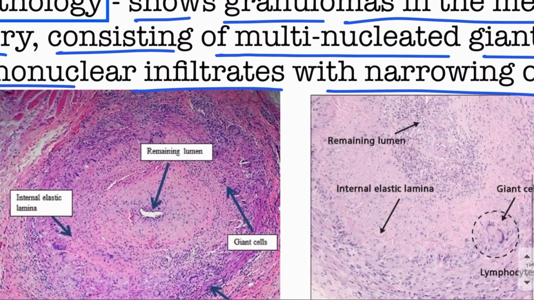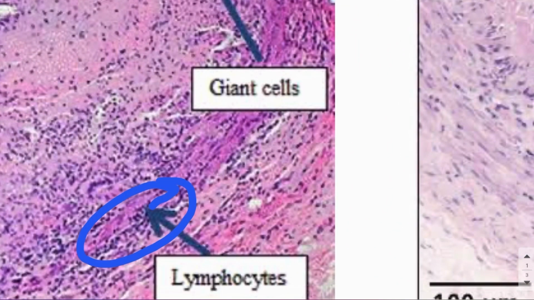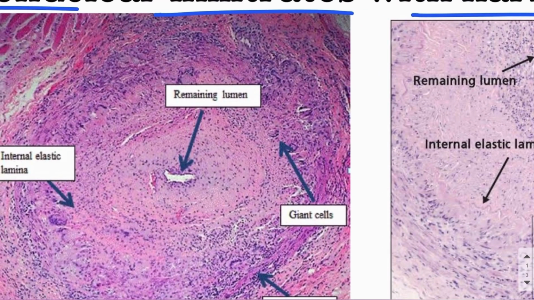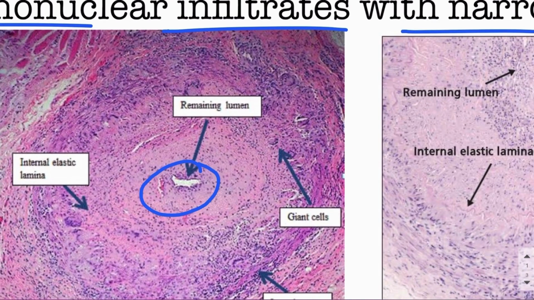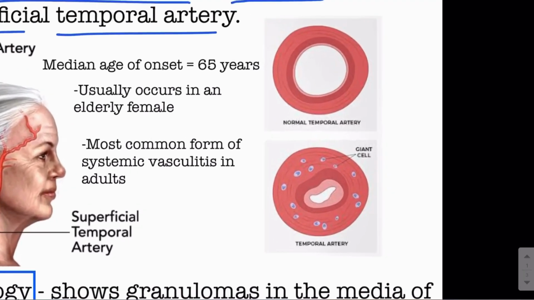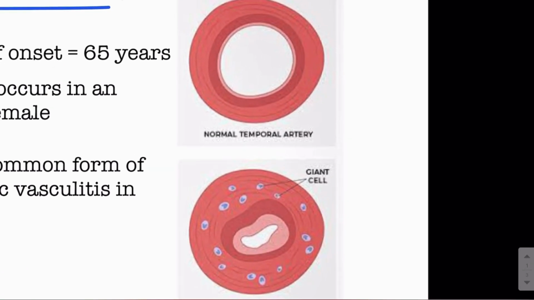What else do we see? We also see the mononuclear infiltrates, that is the infiltrates of the lymphocytes, and we see the narrow lumen. Right. This is another diagram showing the changes due to inflammation. The inflammation results in the narrowing of the lumen, and there are giant cells in the tunica media.